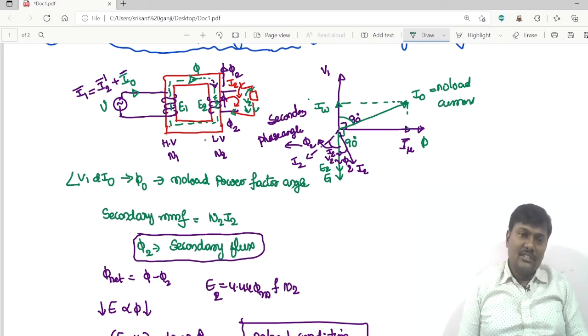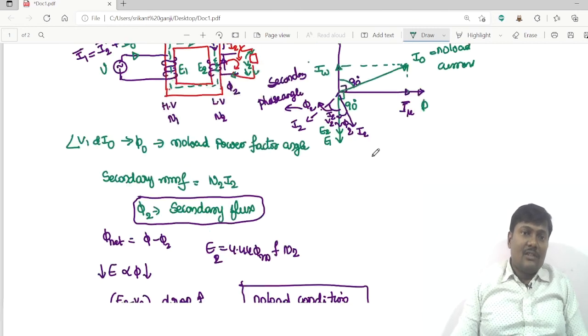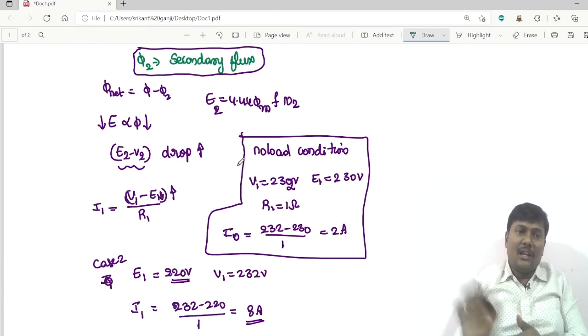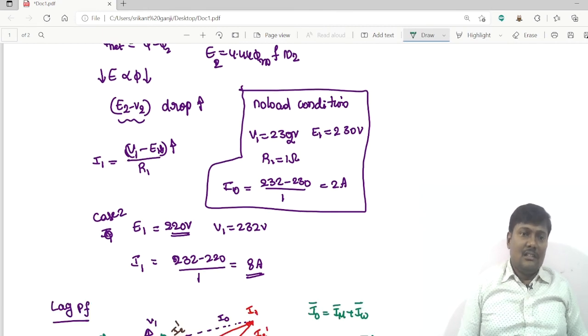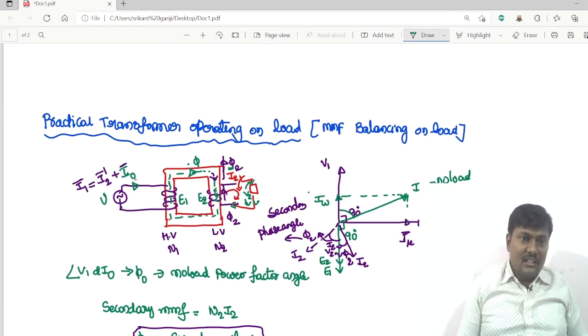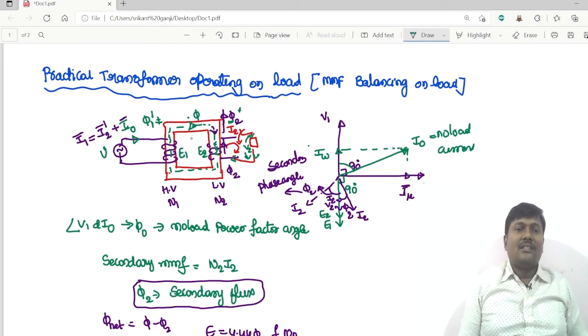It will produce a secondary MMF, which in turn develops a secondary flux, which opposes the main field flux, and the net flux will decrease. The EMFs induced in the primary winding and secondary winding both decrease. The primary draws additional current that produces phi1 dash, which is exactly equal to phi2. Once phi1 dash and phi2 are equal and opposite, both are nullified and the flux in the transformer core is always constant.